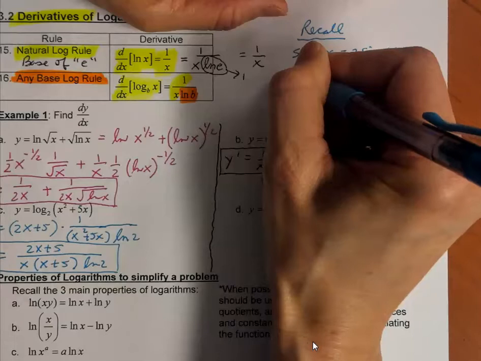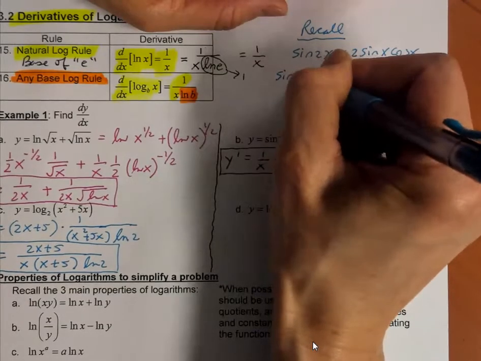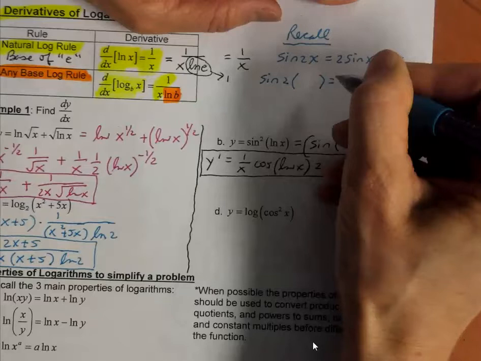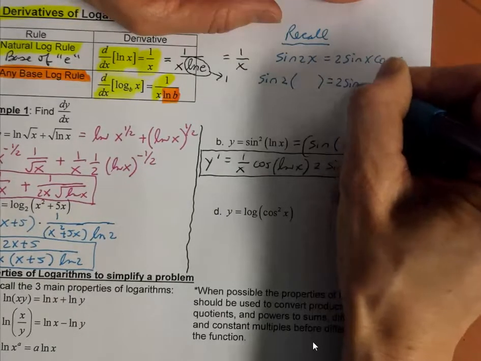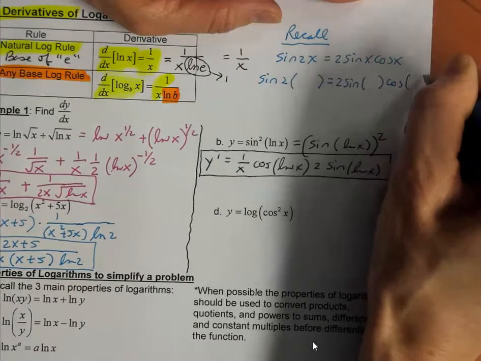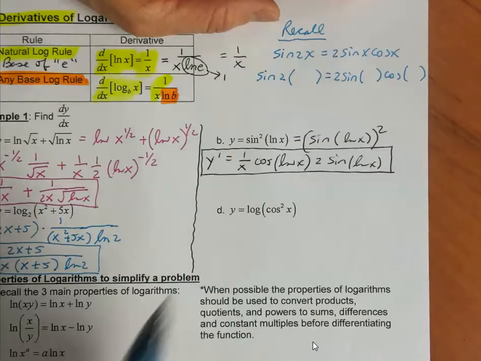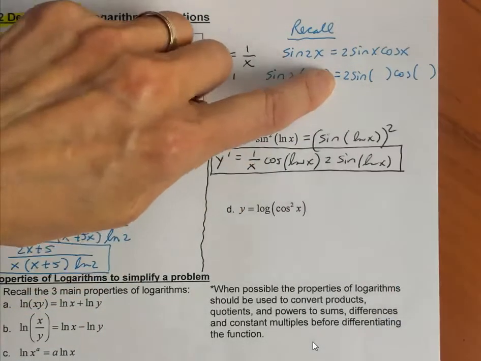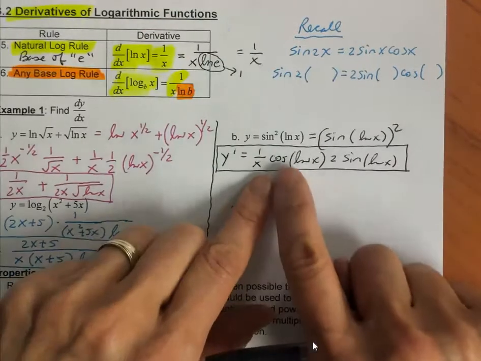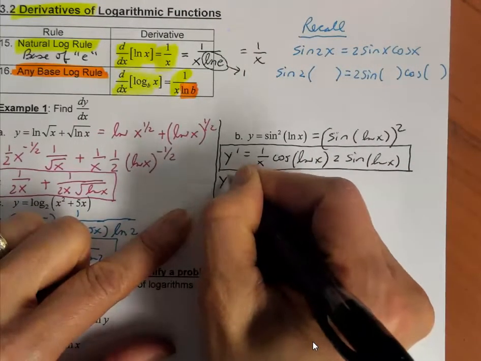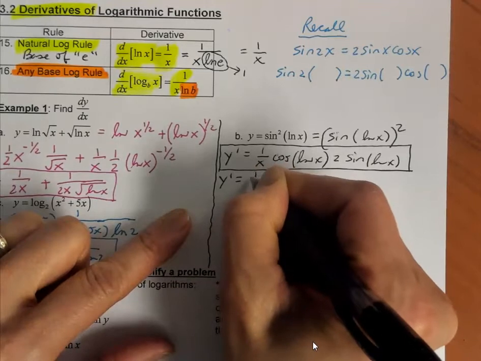So I'm going to write it as sine and then 2 and then put a parentheses equals 2 sine and then put a parentheses times the cosine and then put parentheses. So it's kind of a variation of our double angle. All right, now if you look at this part here very closely, you can see that in this part right here if I rewrote it. So I can rewrite it as y prime is equal to 1 over x will just stay.